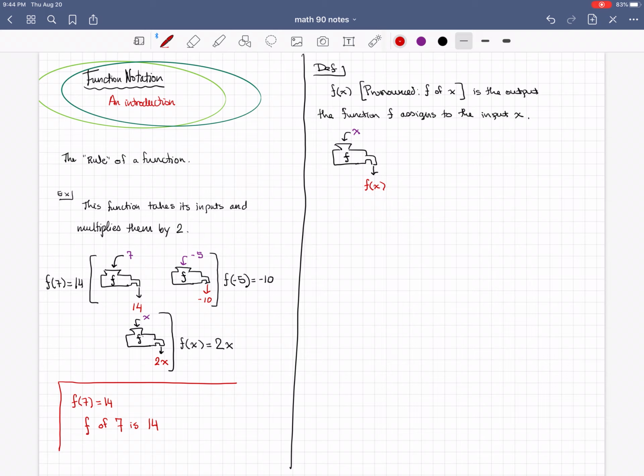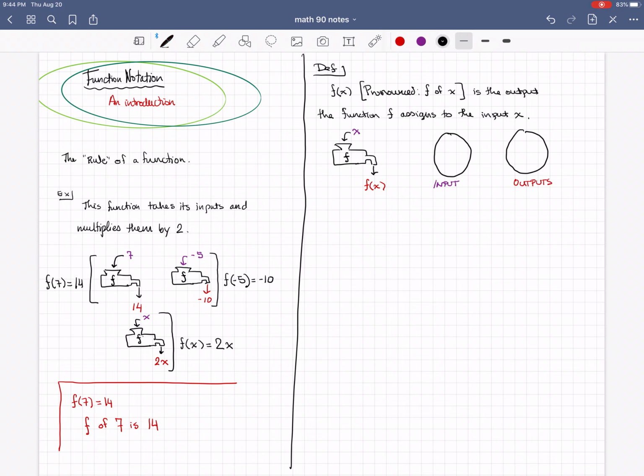By that same token, if we use the blobs idea, just for the sake of convention, let's put inputs in the left blob and outputs in the right blob.